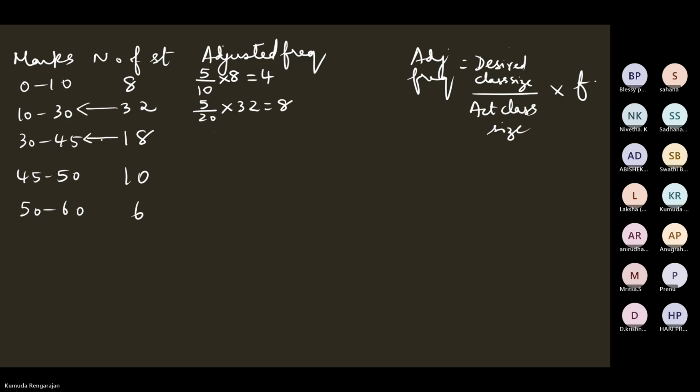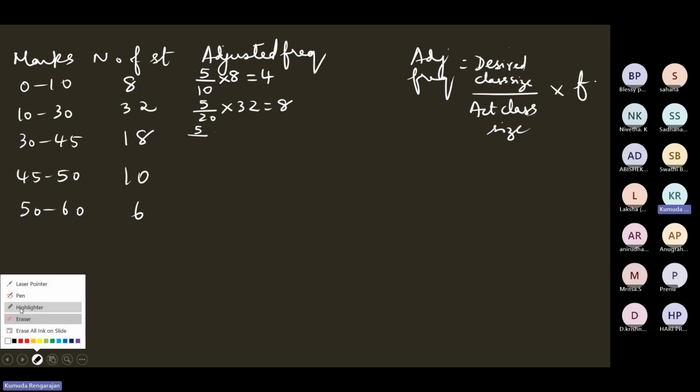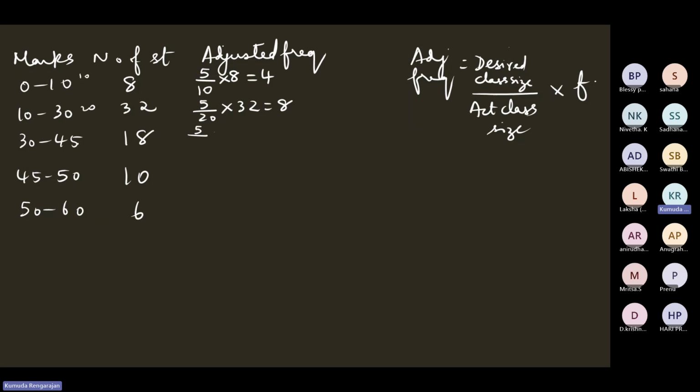Now here, the desired class size is the same everywhere, 5. You want the class size to be 5. How did you decide on that class size? Whichever is the smallest. You check the class sizes everywhere. Here the size is 10. Here the size is 20. Here the size is 15. Here it is 5.